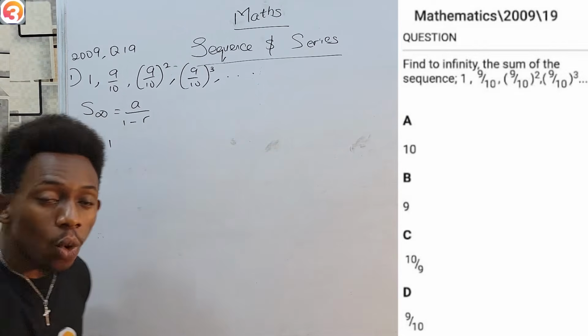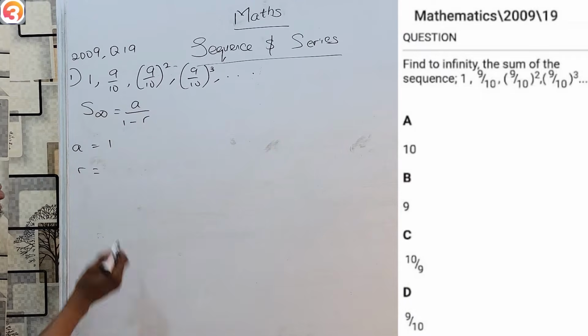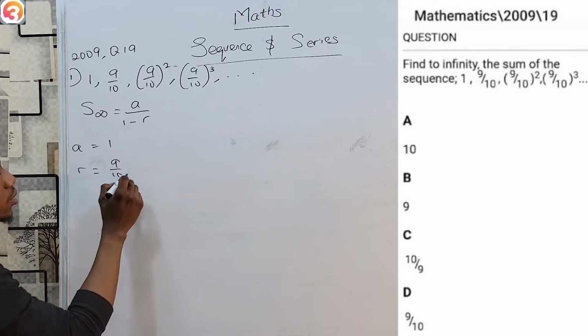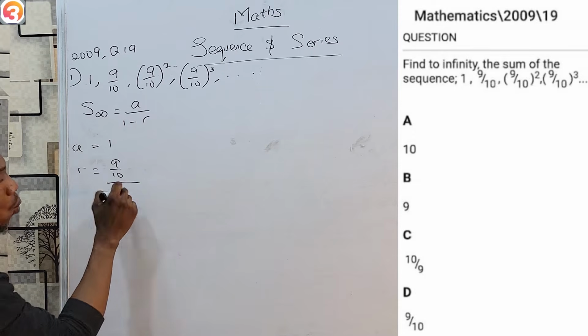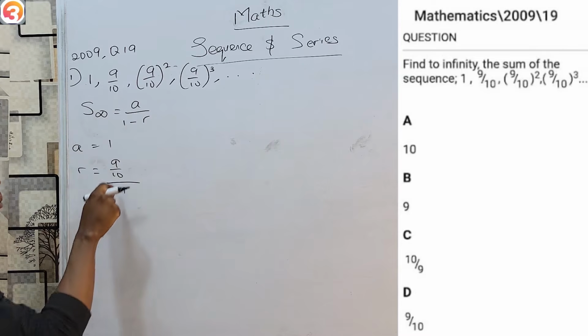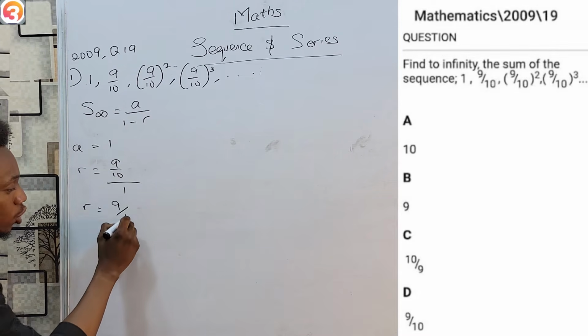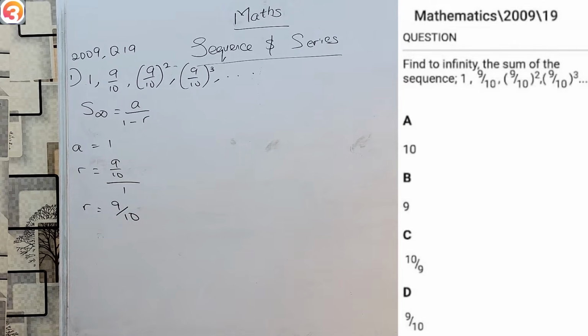Now remember, it always works the same no matter what we use, but we prefer to use the simpler numbers, like in this case, 9 over 10 divided by 1, because anything divided by 1 remains the same. So this must be 9 over 10.